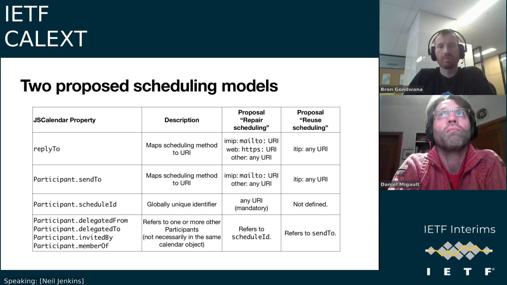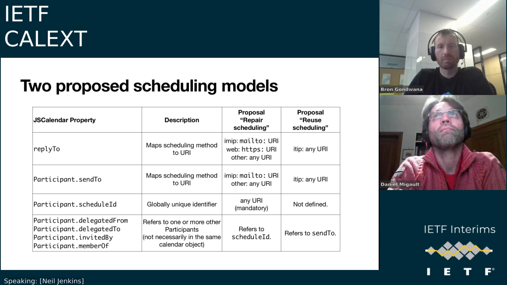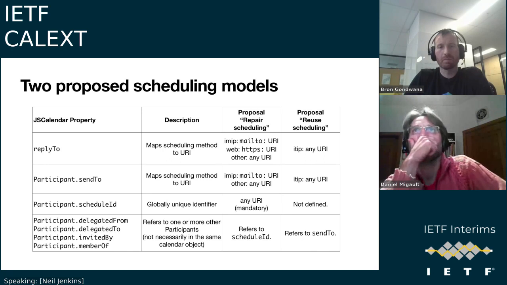I think it's a lot easier if there's just the schedule ID, because then instead of having a nested loop, you're just asking, is this schedule ID any of the IDs that I know as me? And so I think that's actually quite a nice property to have for JMAP calendars.